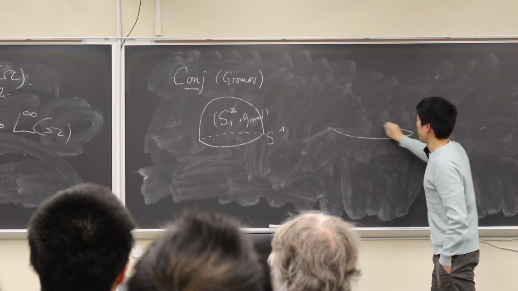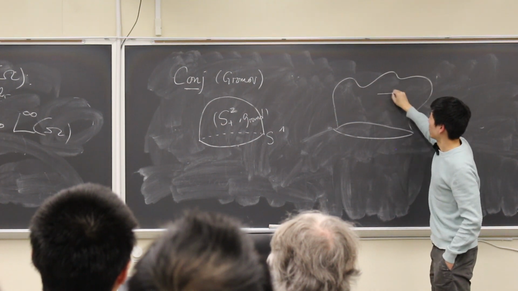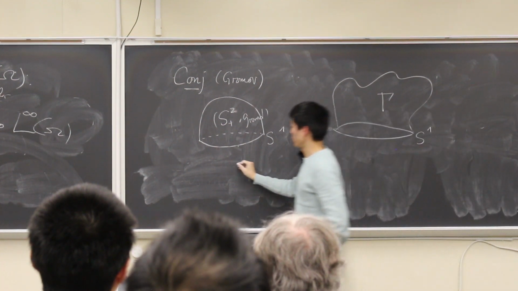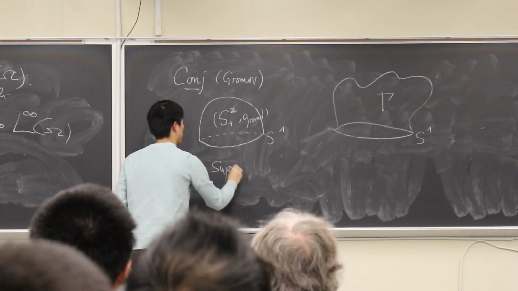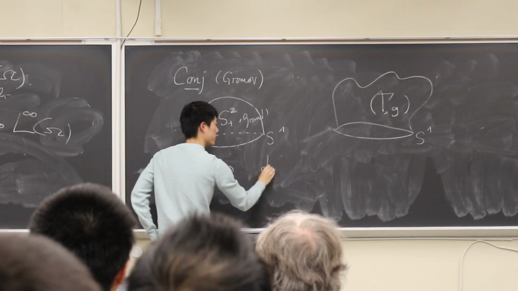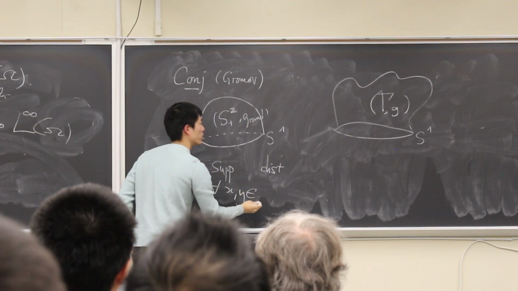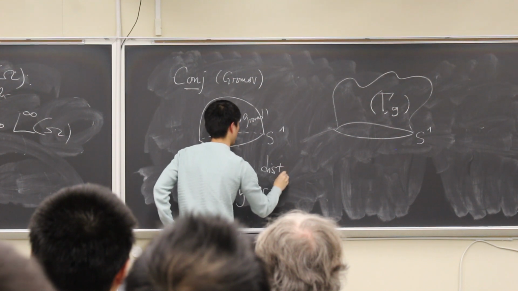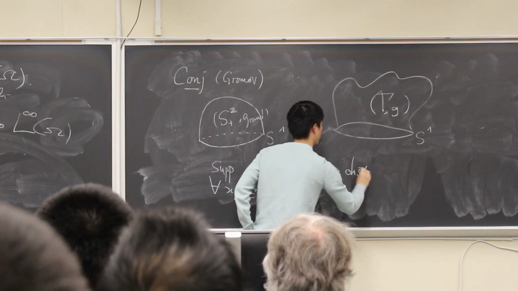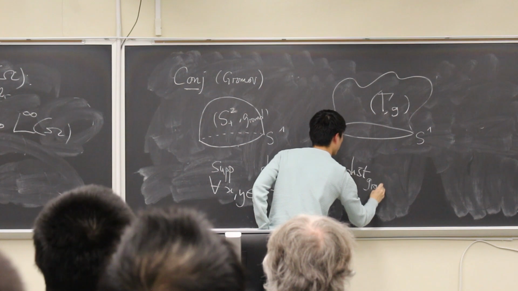Now let's look at another surface gamma with the same boundary S1. So gamma is another Riemannian surface with some boundary, and suppose that you compare the distances for G and G round.